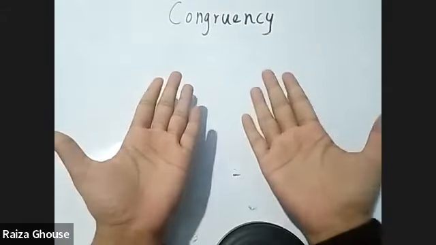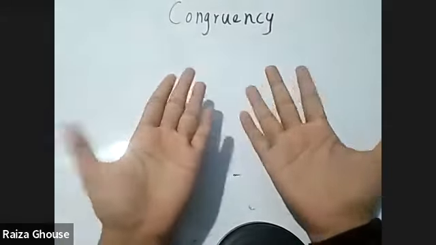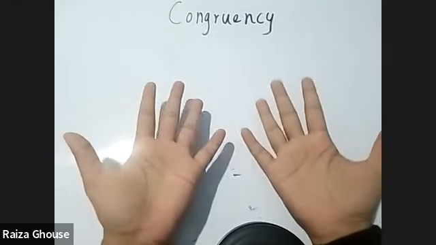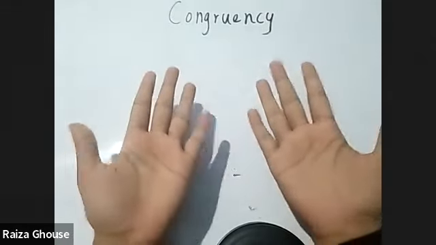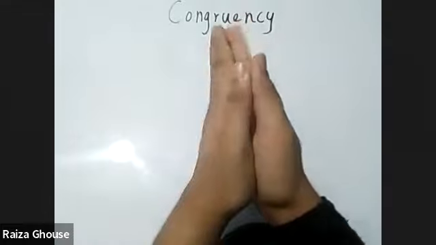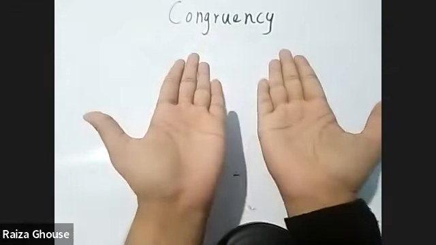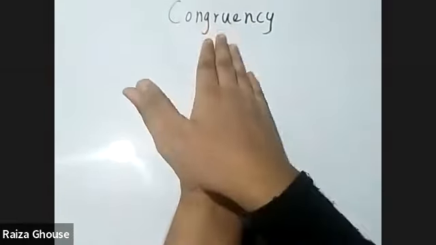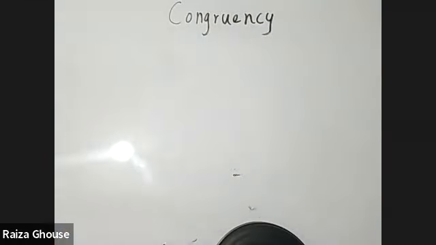You have the same shape and the same dimension. Then we call these two figures congruent. Congruent means when you place one on the other, it touches. Then it is called congruence. So if you have two figures with the same shape and dimensions, you call them congruent.